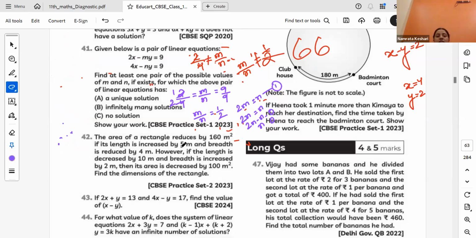If its length is increased by 5 and breadth is reduced by 4, all of a sudden you will see the area is reducing. That means you have to assume the original scenario, that suppose your length is x, breadth is y, then the area is xy. Getting it?